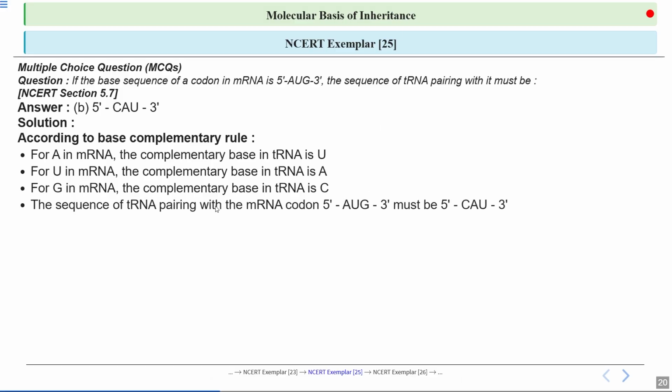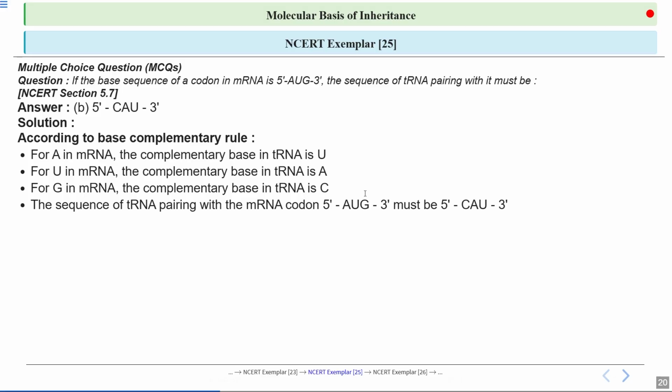So in messenger RNA the sequence of the codon is AUG, 5' to 3'. What will be the sequence in the anticodon region? A will be complementary with U, then U with A, and G with C.